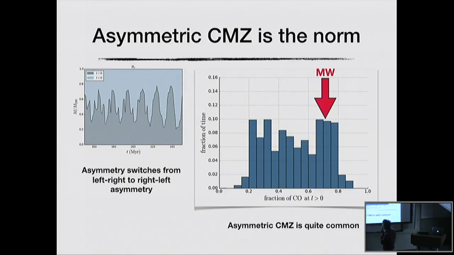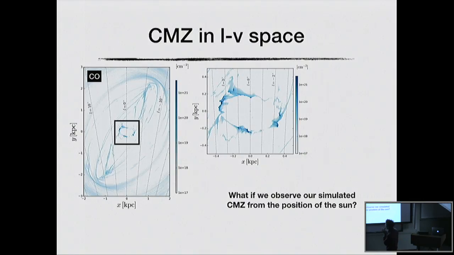And if we look at the fraction of time that we experience a certain degree of asymmetry, the Milky Way, which has three quarters of the molecular gas coming from one side, would be here. We see that it is actually quite common to have an asymmetric central molecular zone, and we are in no special situation in the evolution of the center of the galaxy.